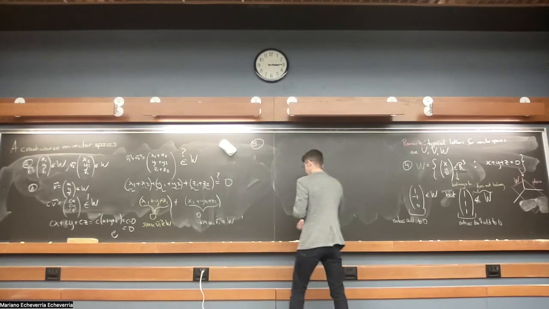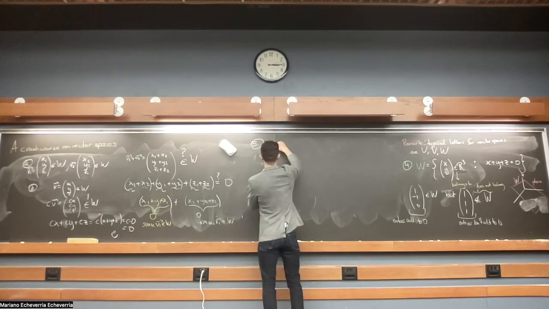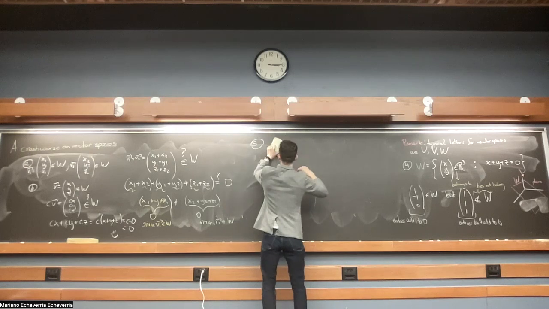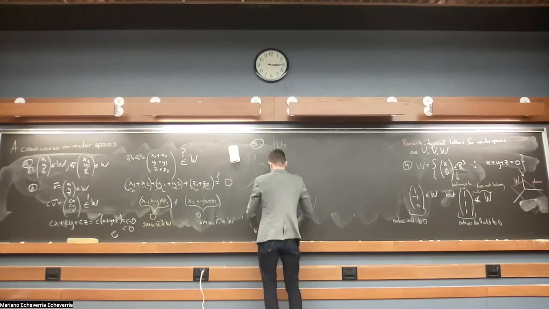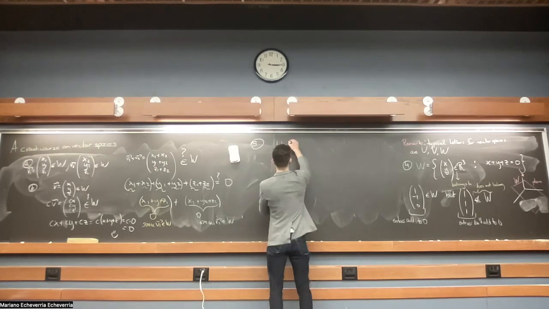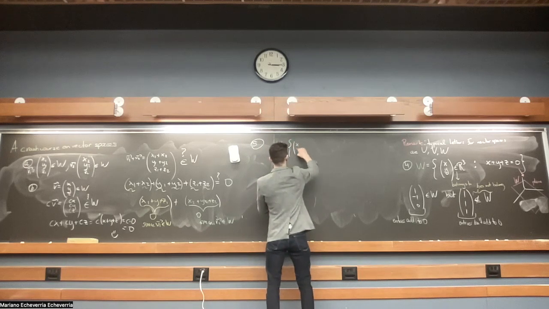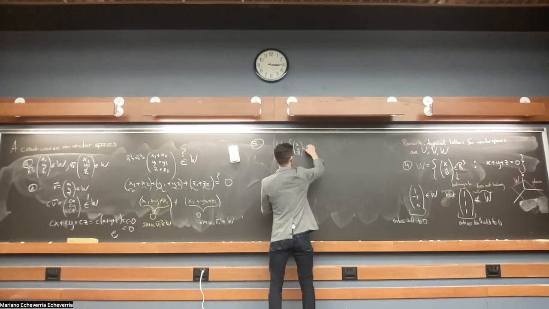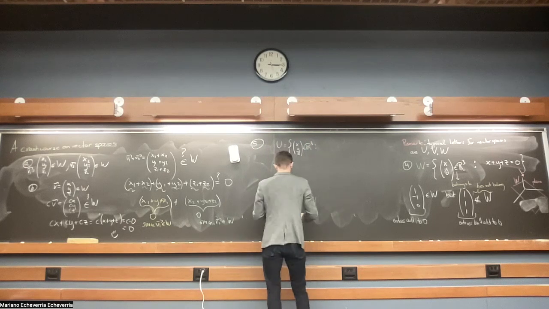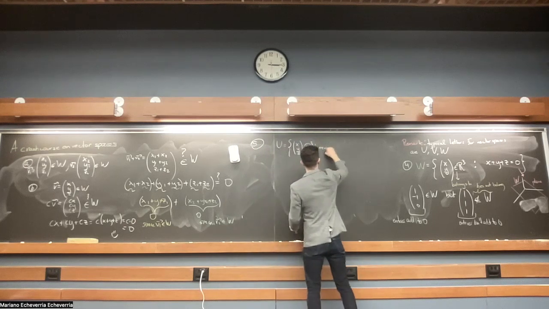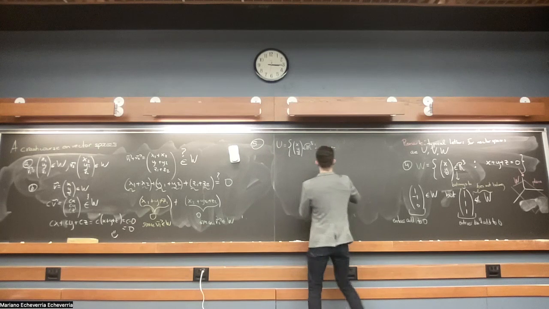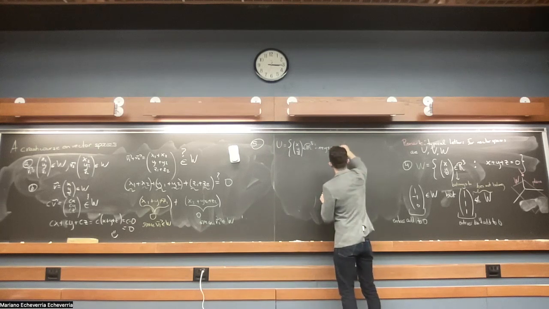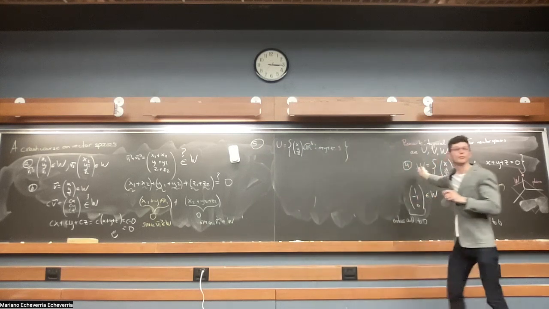Non-example number 2, I think this is the second non-example. Let's call this U. Imagine I had put a 1 here, so that's the only difference with the one that I wrote before.